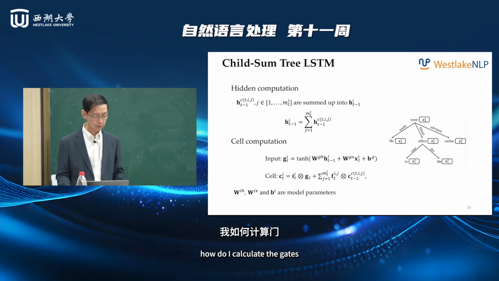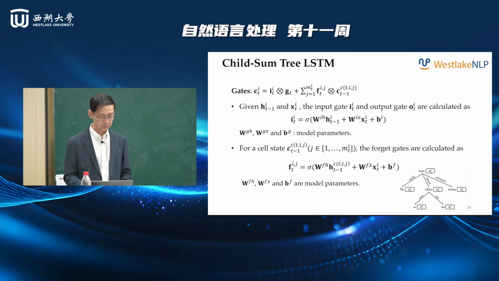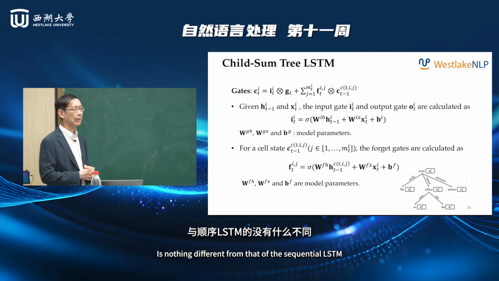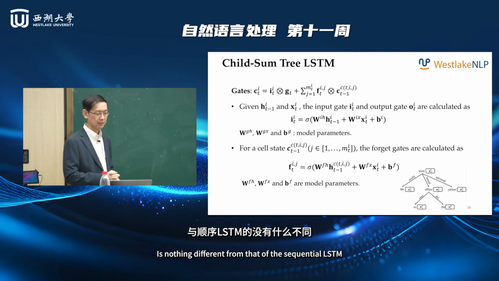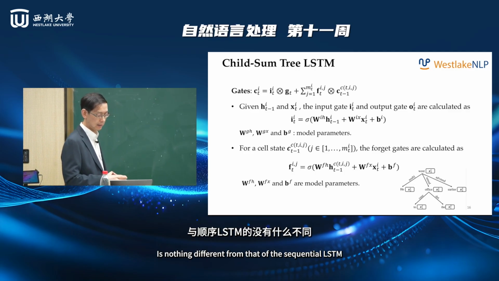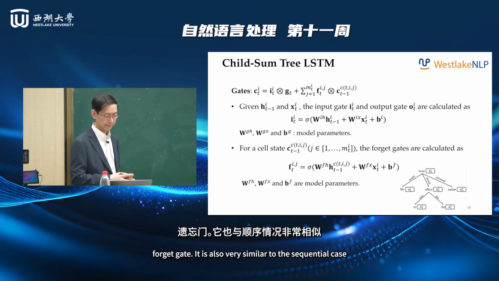So how do I calculate the gates? Here it is. The input gate is nothing different from that of the sequential LSTM. The forget gate is also very similar to the sequential case.